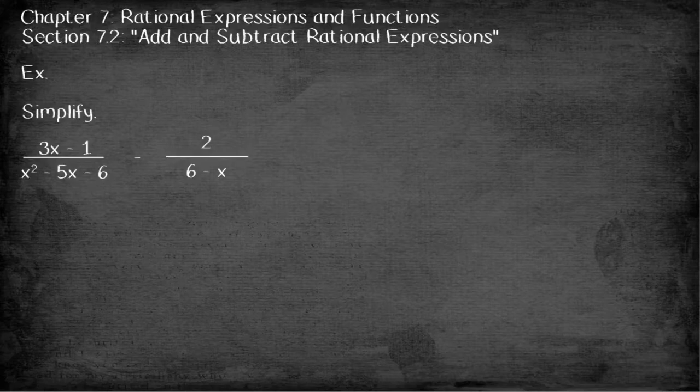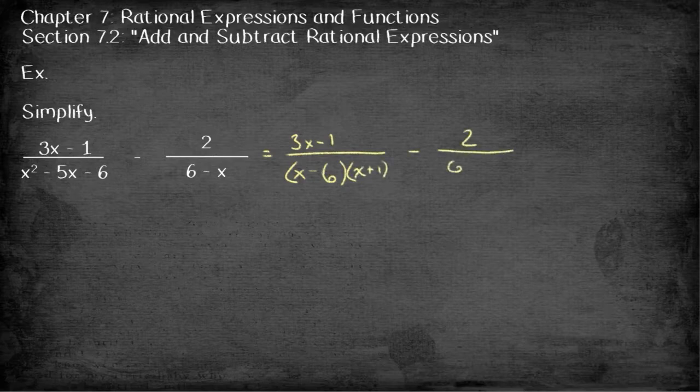Next up to bat, we have 3x minus 1 minus 2 over 6 minus x. So let's start again by factoring. And what we're going to do is switch the order and switch that sign.